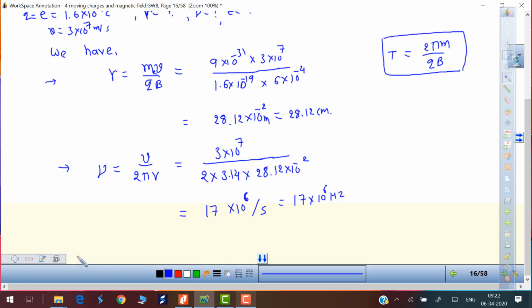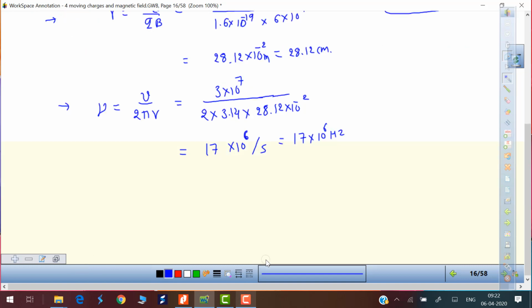You can try for this also. And then you have to calculate energy. So energy, any moving particle has energy half mv square, kinetic energy that is.